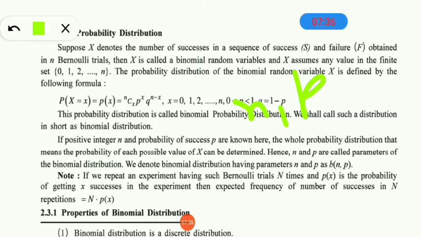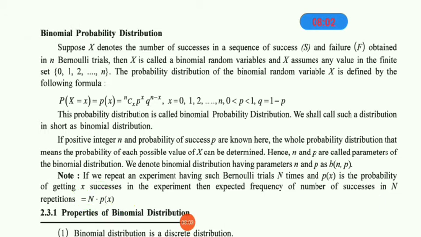Now, one note: if we repeat an experiment having such Bernoulli trials capital N times, and P of X is the probability of getting X successes in the experiment, then the expected frequency, the number of successes in capital N repetitions, is capital N times P of X.